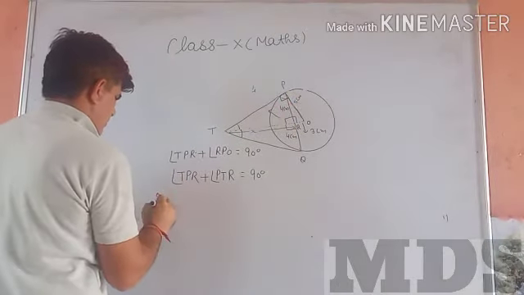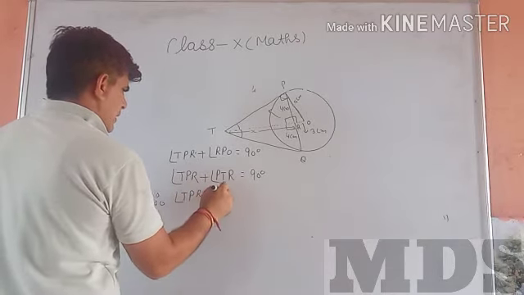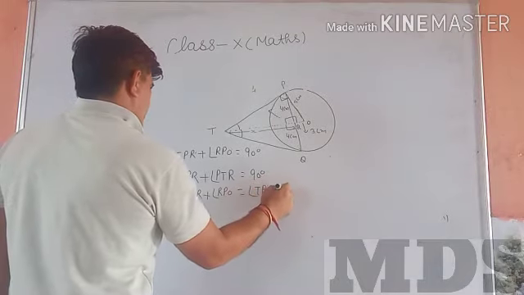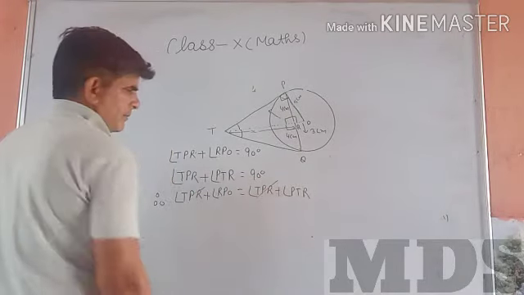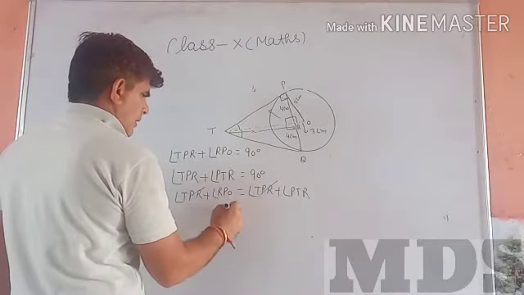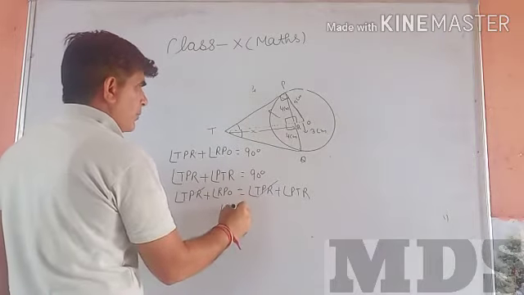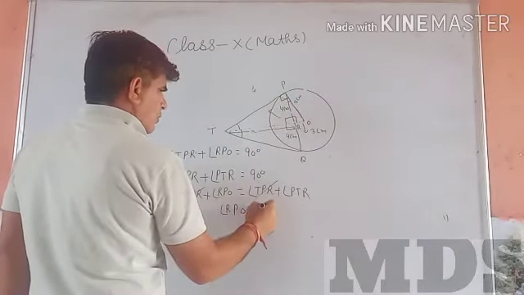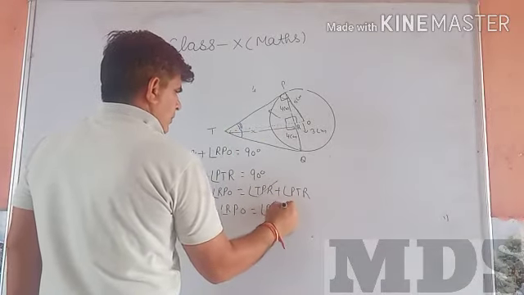Therefore, angle TPR plus angle RPO is equal to angle TPR plus angle PTR. This cancels this. Angle RPO, this means this angle equals this angle. Angle RPO equals angle PTR, this angle. Understood?